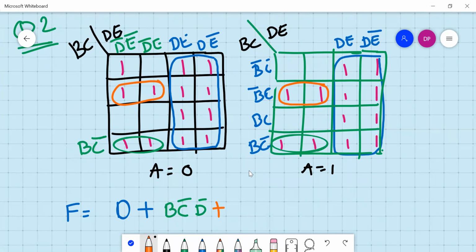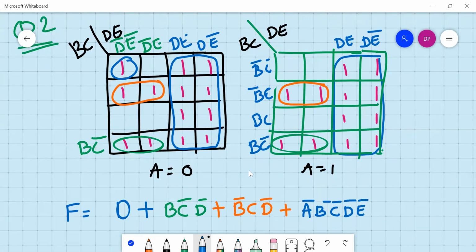So what will you get? What is common there? B complement C. Then what else is common? D bar is common. Then you have a single term left. So what will be the answer for the single term? This is A complement, B complement, C complement, D complement.